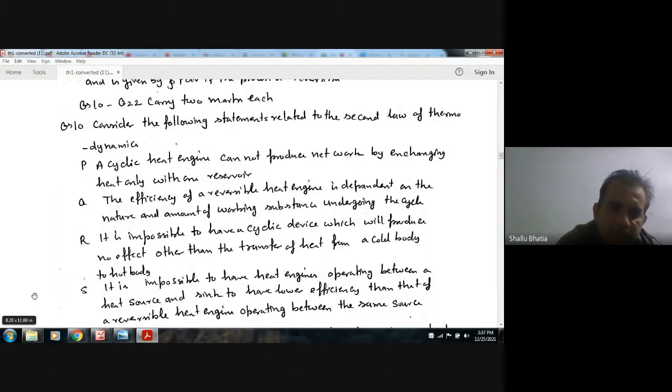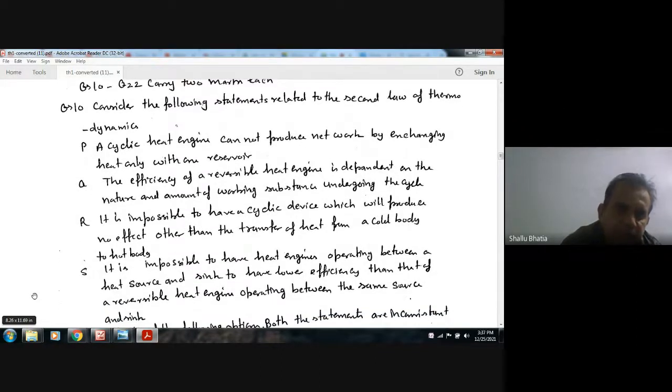Question number 10. Consider the following statements related to the second law of thermodynamics. P: A cyclic heat engine cannot produce net work by exchanging heat with only one reservoir.